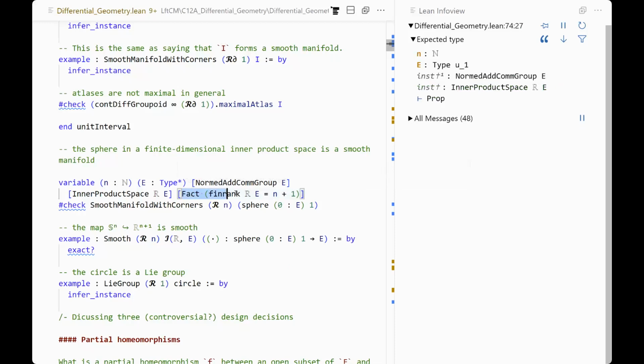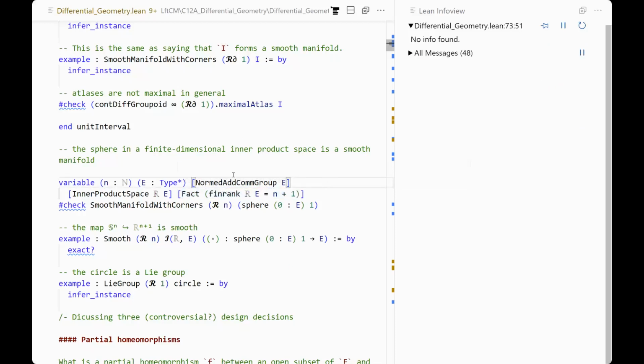This condition looks maybe a little weird, but we're saying that E is an n+1 dimensional vector space over R. And this fact here is just a mechanism to turn a proposition into a type class, and that means that things can use this fact without having to explicitly write why E is finite dimensional with dimension n+1. And given that, we have a manifold structure on the unit sphere in E.